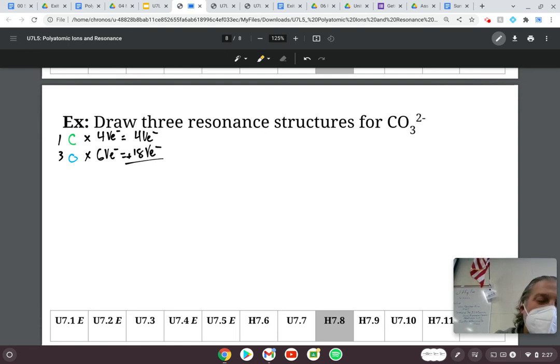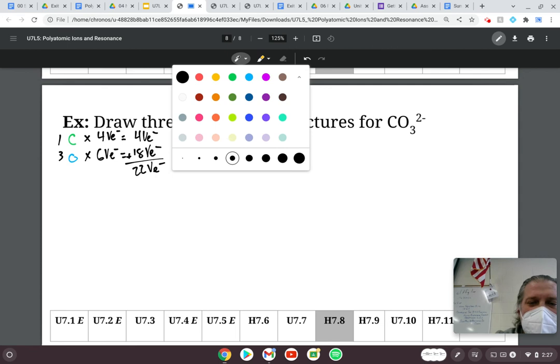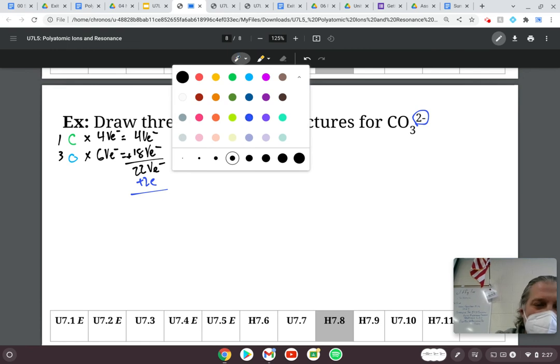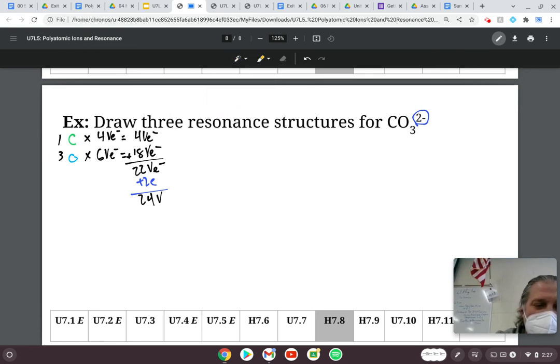I add them up, and that's 22 valence electrons. I see that I have a -2 charge, so I'm going to add 2 electrons to get a total of 24 valence electrons.